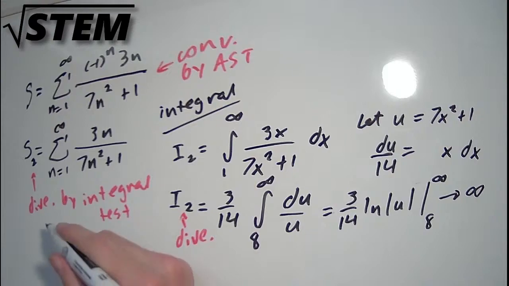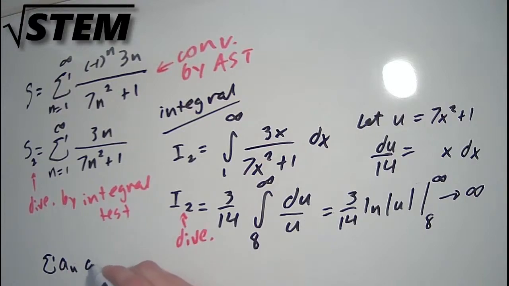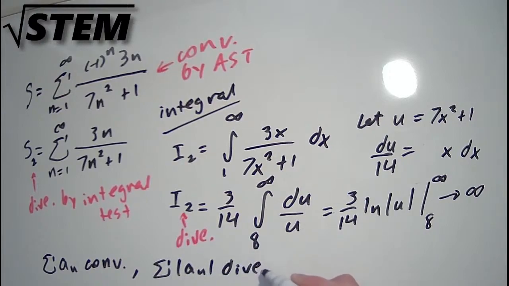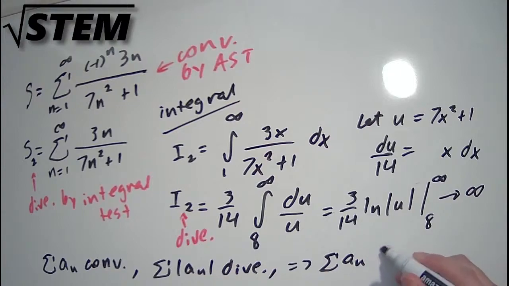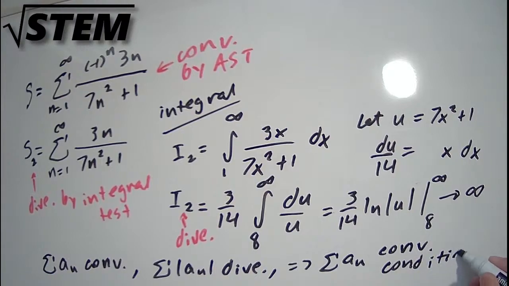So because the sum of the regular terms converges, but the sum of the absolute value of the terms diverges, that means the original series converges conditionally again.